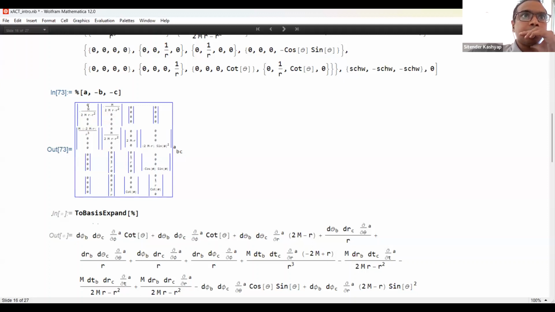For example, this is 1, 1, 1, 1, 1, 2. So take the first two indices, make it a matrix, and in the third index, create a vector. So for example, this whole entry is 1, 1, and then the last index runs 1, 2, 3, 4. So this is one vector which is formed out of the first two indices 1, 1.